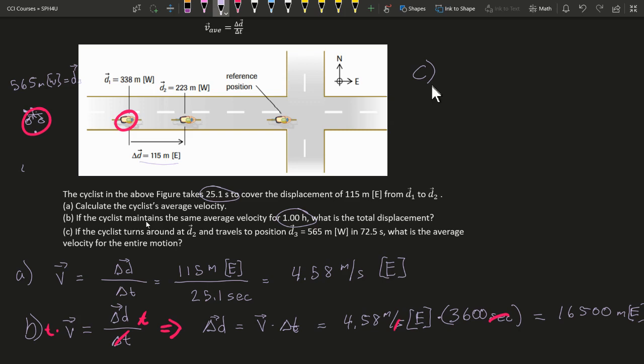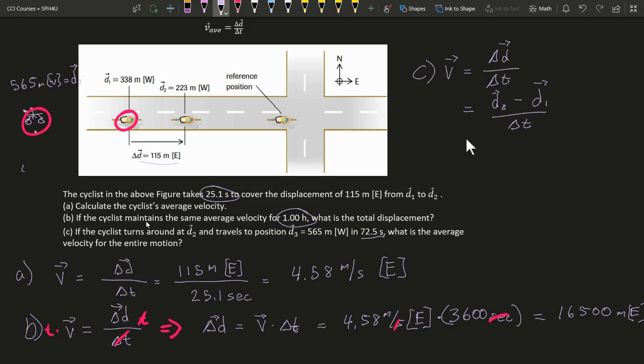Okay, and so maybe part C I'll do up in this corner since we appear to have some space. And so we want to know the average velocity. So I'm going to, again, just take my average velocity formula, my change in position over my change in time. Remember, my change in position is final position, or position 3, minus position 1, over my change in time, which is 72.5 seconds.